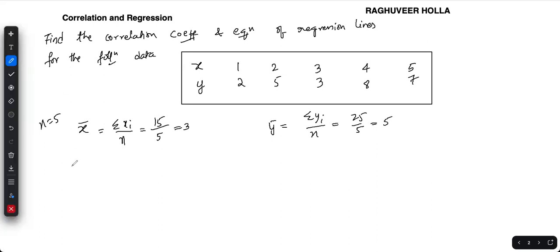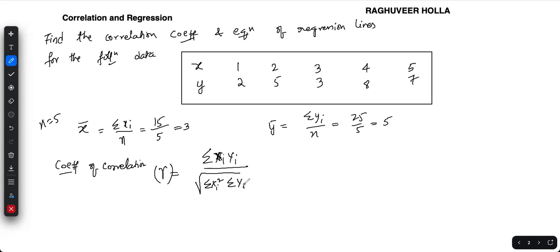So to find the coefficient of correlation r, it is summation of xi and yi by square root of summation of xi square and summation of yi square.